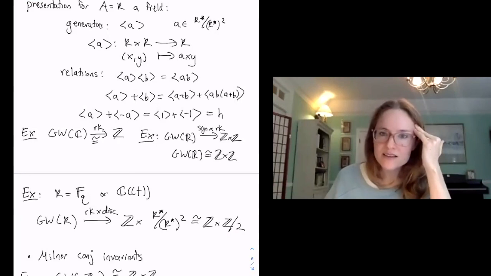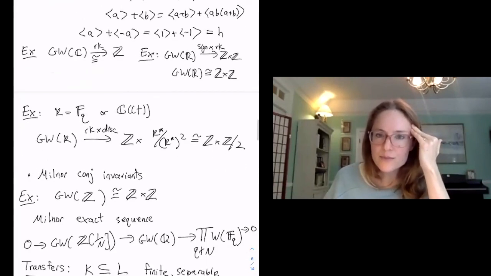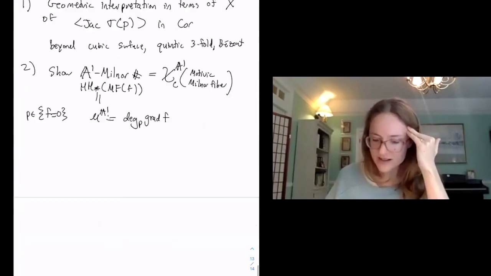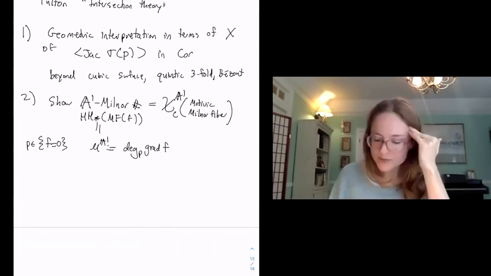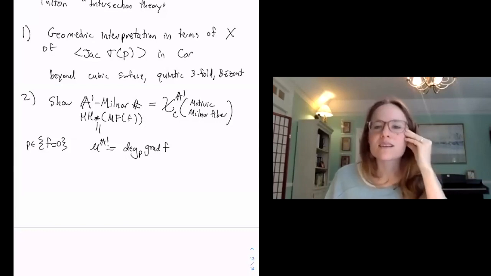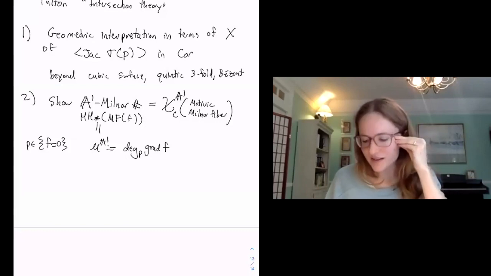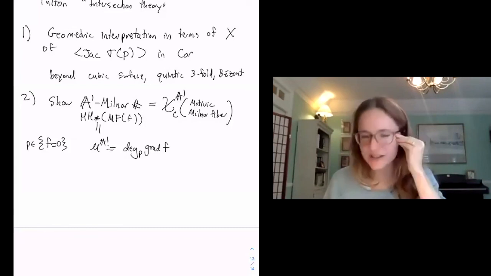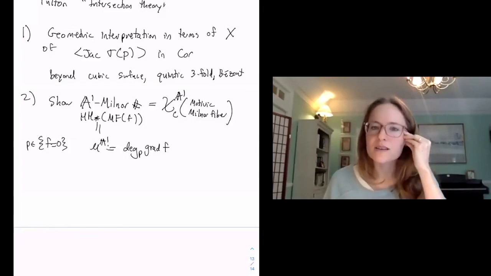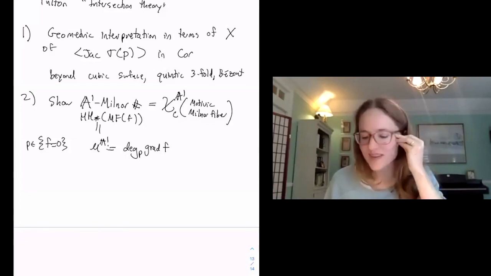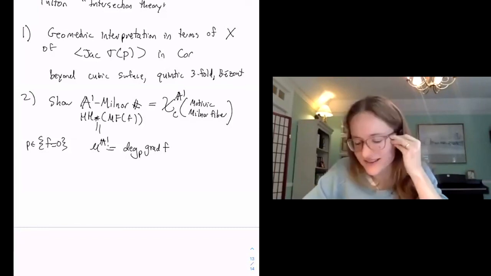So by the A1 Milnor number, we meant the left-hand side, and by motivic Milnor fiber, I meant the construction that gives you this element of K-naught of varieties with this motivic integration.